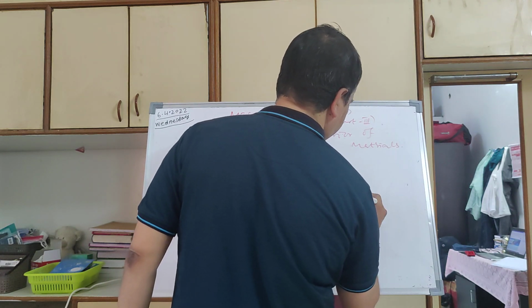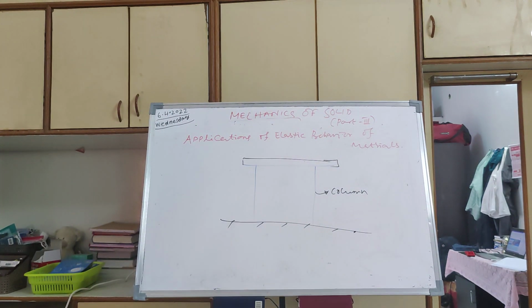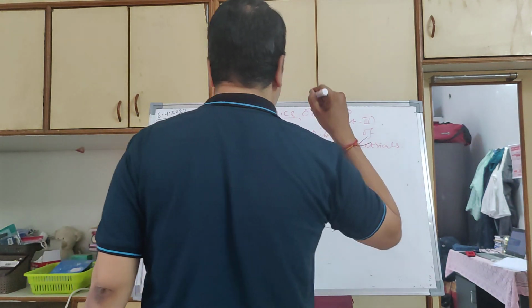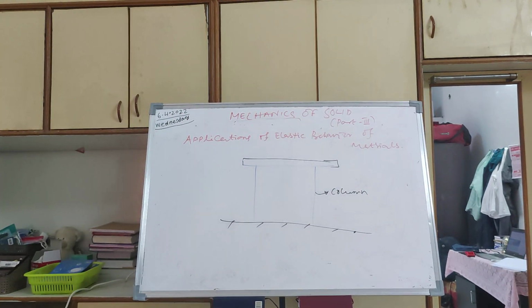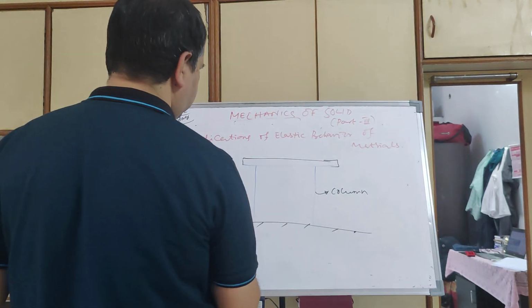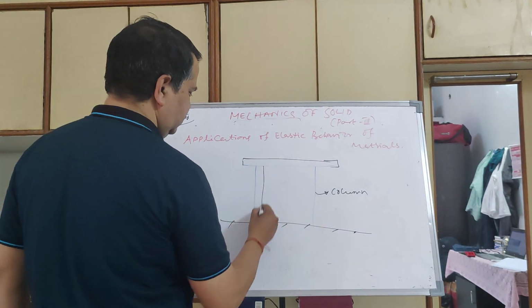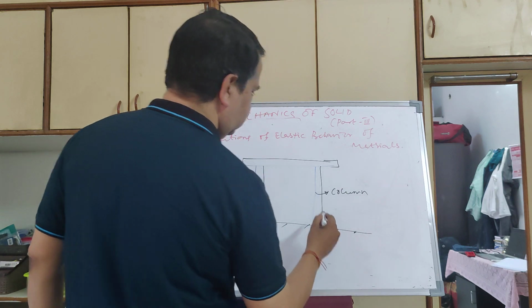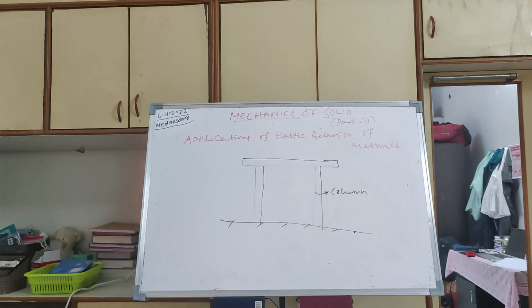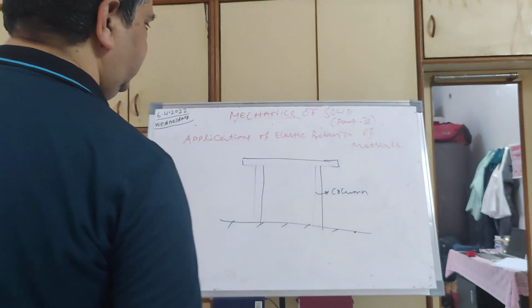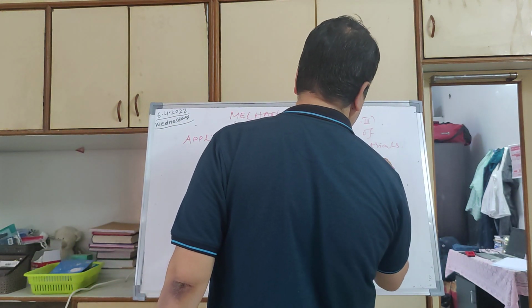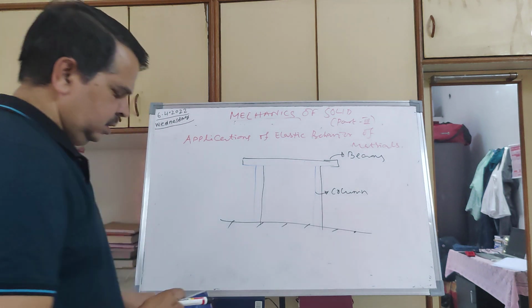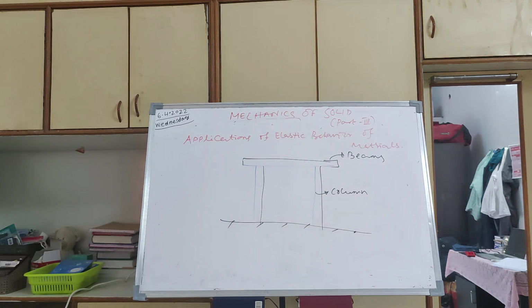The vertical members are called columns, whereas the horizontal members, in the perpendicular to the plane also, there will be beams. What you can see is only one section here. So in any building, the horizontal members will be your beams, and the vertical members are called your columns, right?